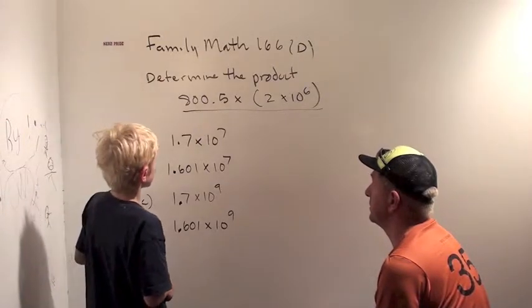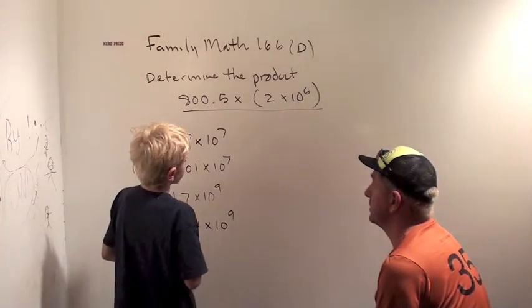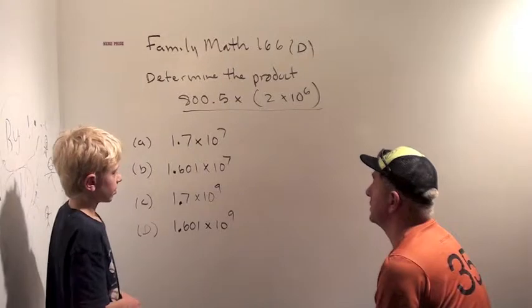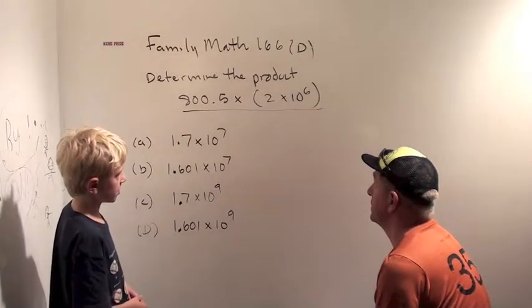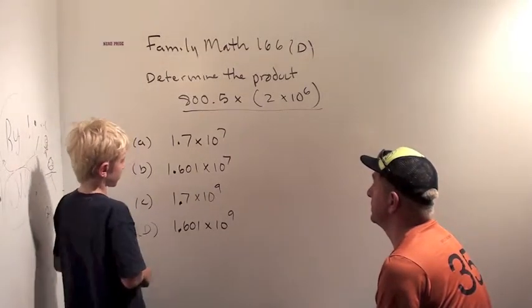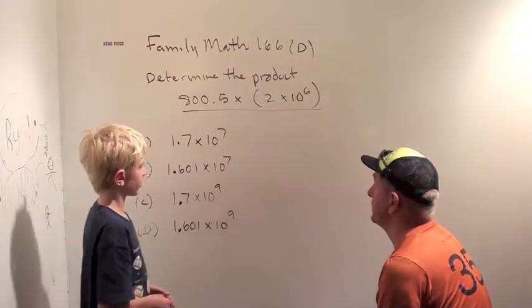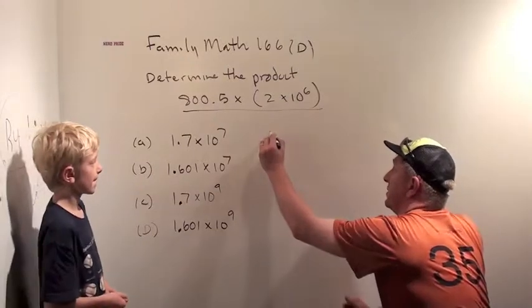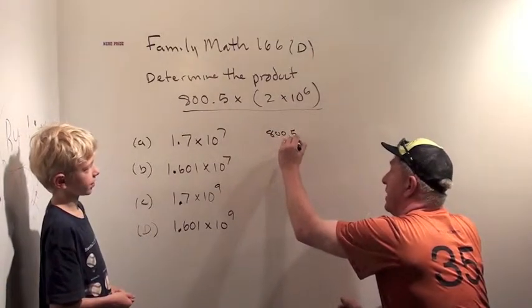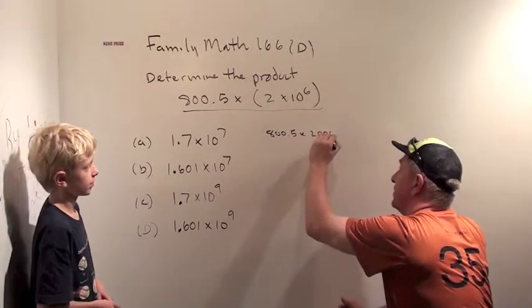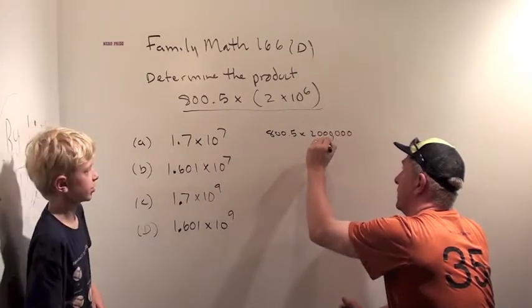Well, let's see. 10 to the 6 is going to be a pretty big number. It's going to be 2 with 6 zeros after it. So this is 800.5 times 2 with 6 zeros after it. I think that's a million.